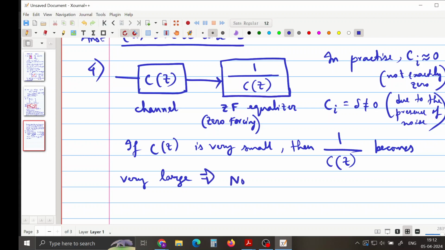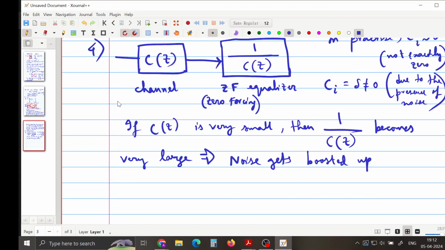The noise gets boosted up. So noise enhancement is the problem faced here.